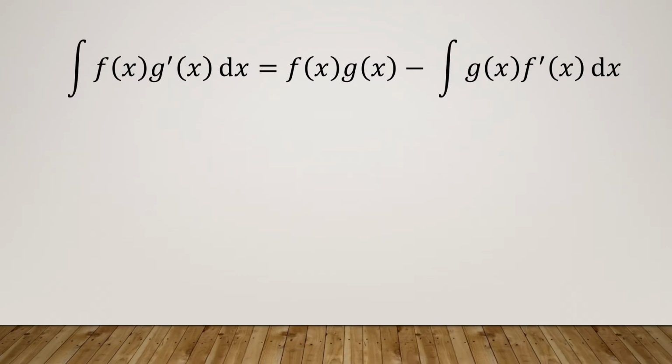To take things one step further and get it to the formula we're used to seeing, we need to do substitutions for both functions. Since we're going to be using two substitutions, I'm going to use the variable u and the variable v.